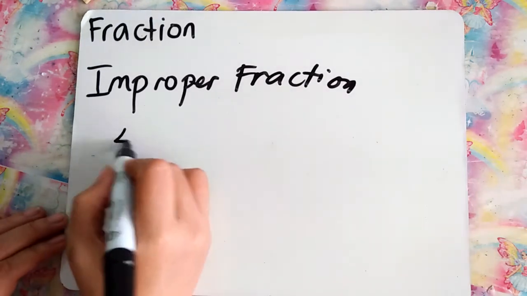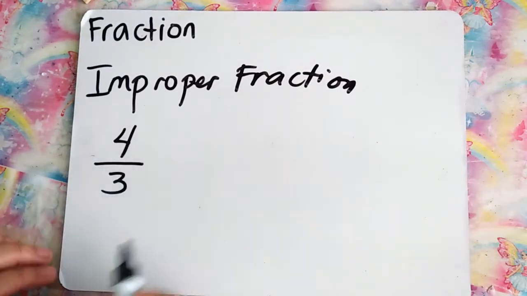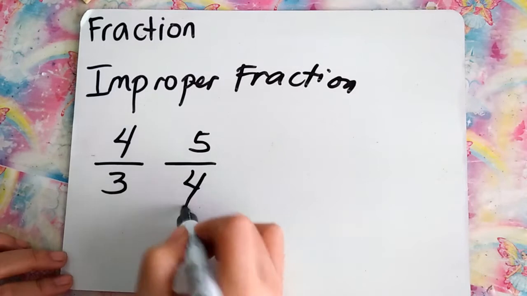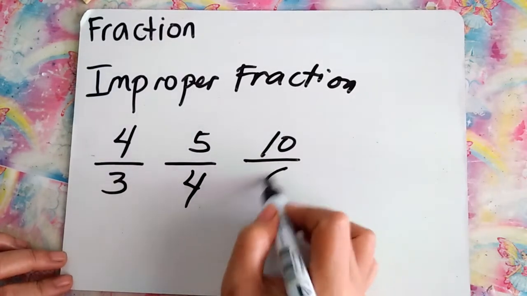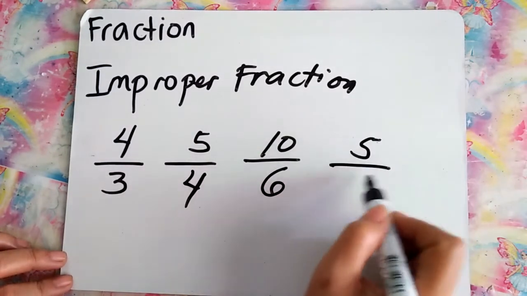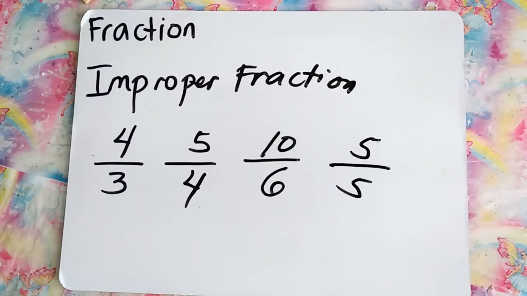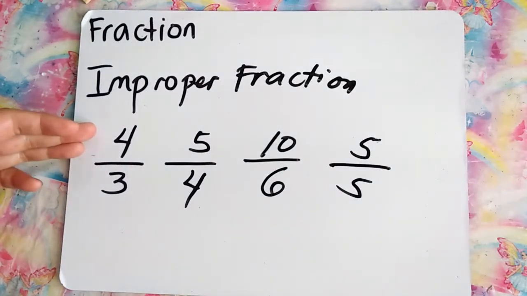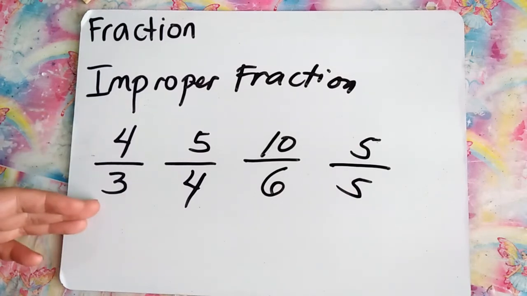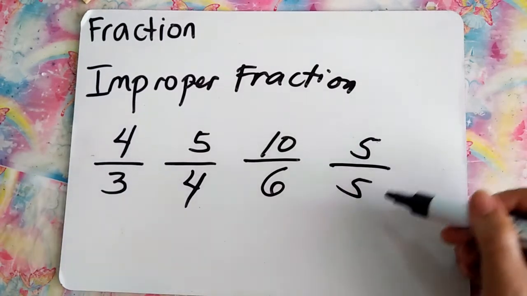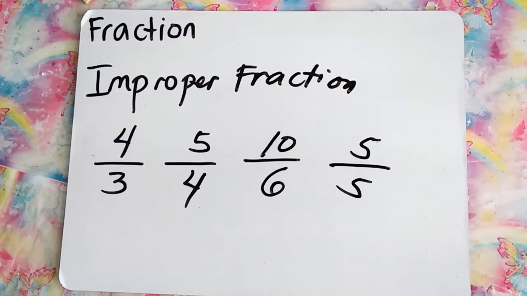Example, 4 over 3, 5 over 4, 10 over 6, or 5 over 5. These fractions have a numerator greater than the denominator, or equal numerator and denominator. Those are examples of an improper fraction.